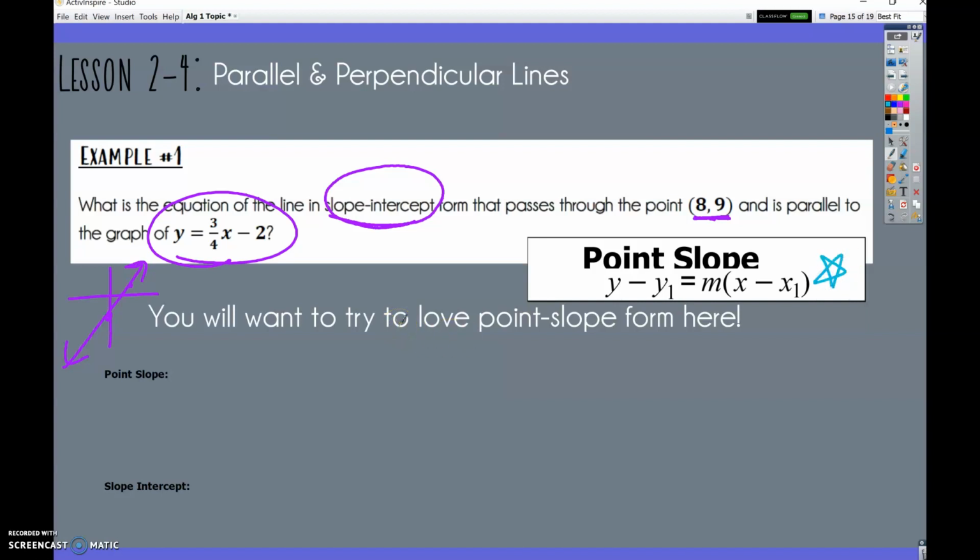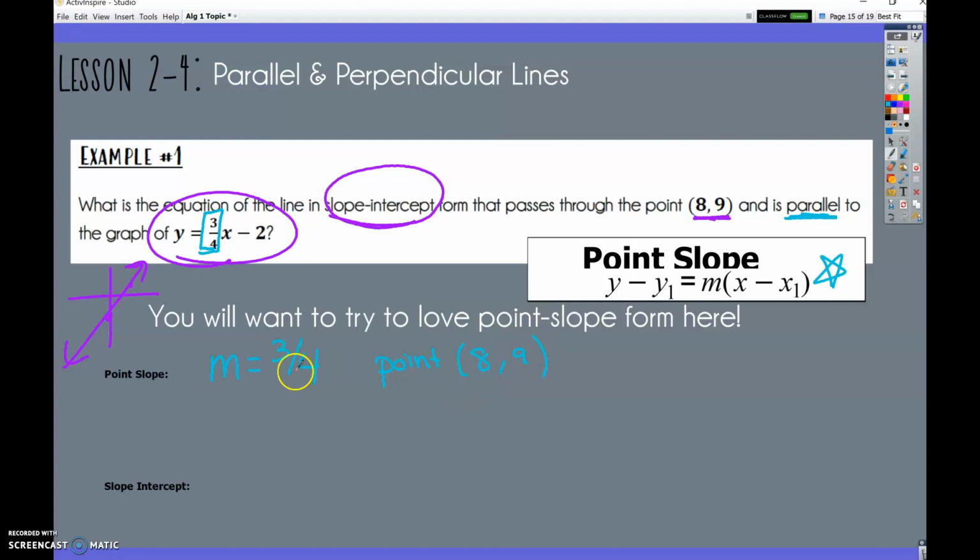So let's think. If I want to be parallel to this line, that means I want to have the same slope. So my slope will have to be 3/4 because I'm going to be the same slope as this line if I'm supposed to be parallel to it. Also, it wants me to go through the point 8, 9.